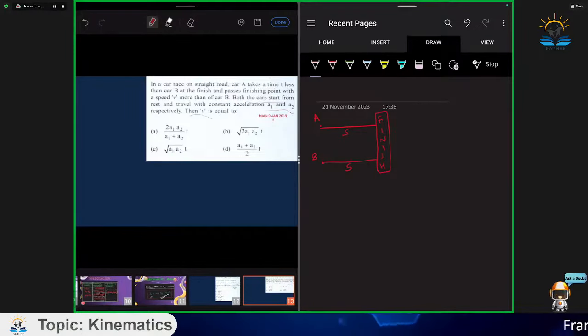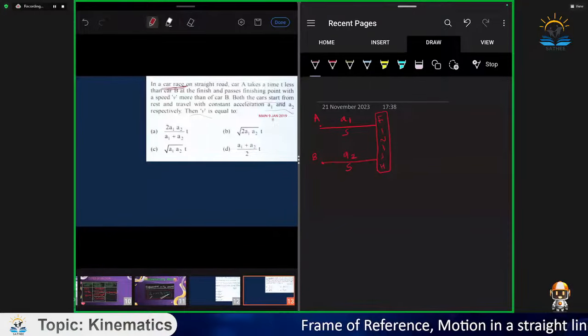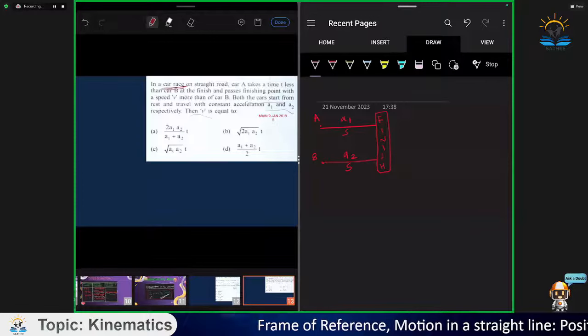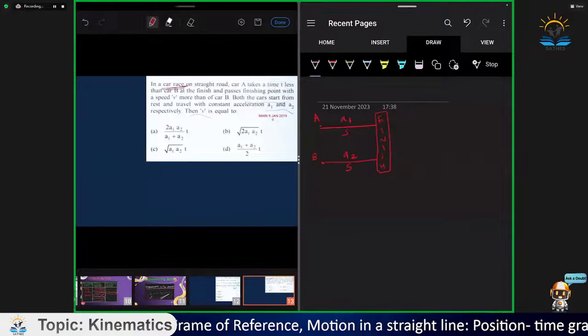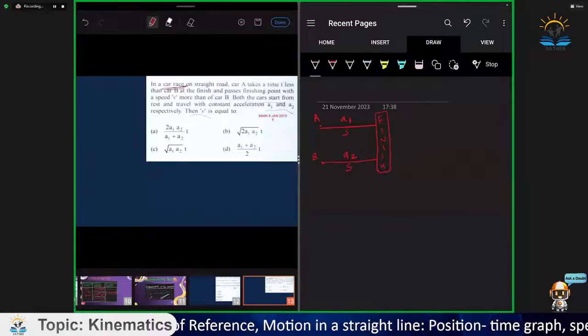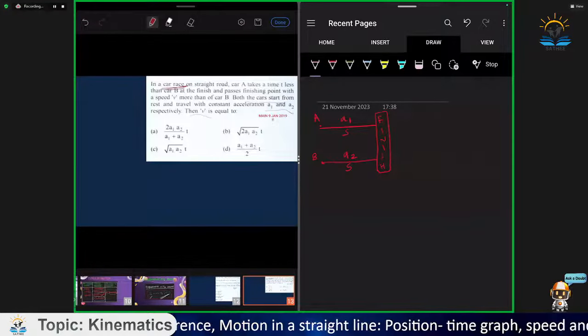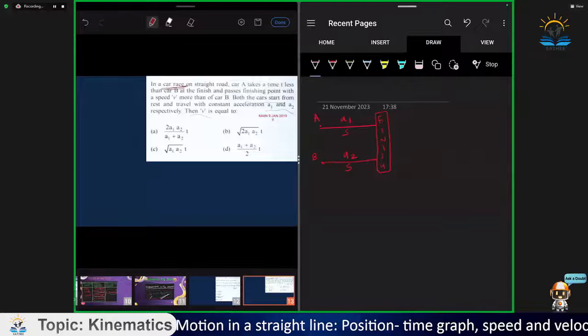It's a car race. Suppose A's acceleration is A1 and B's acceleration is A2. A finished with a velocity V1 and B finished with velocity V2, and A finished in time T1 and B finished in time T2.